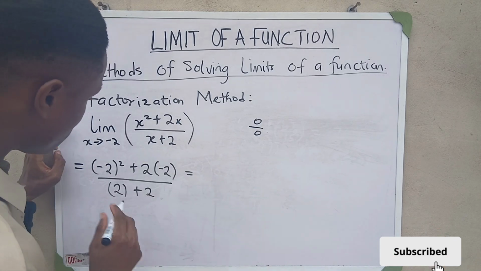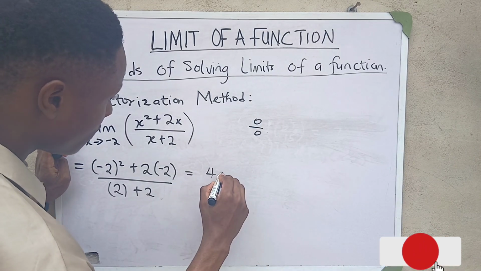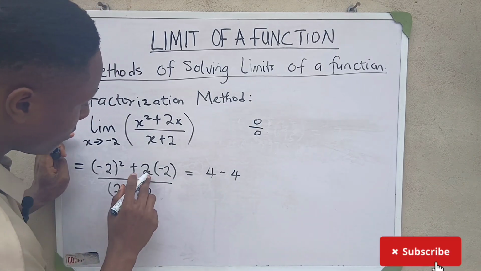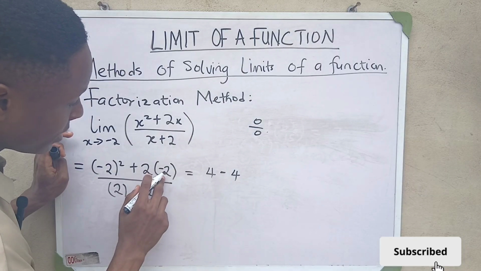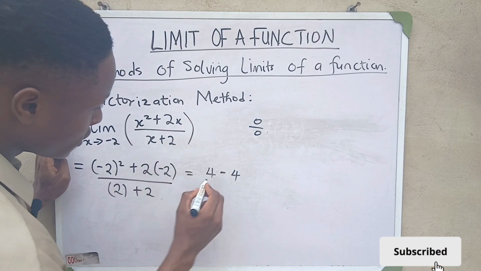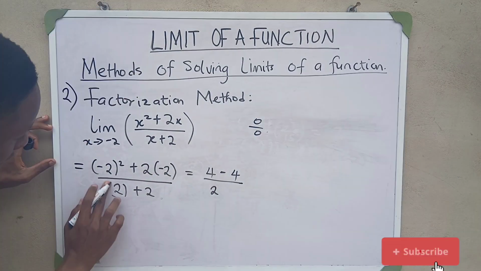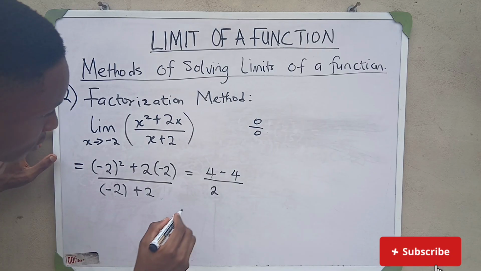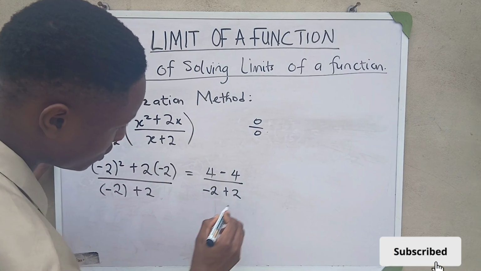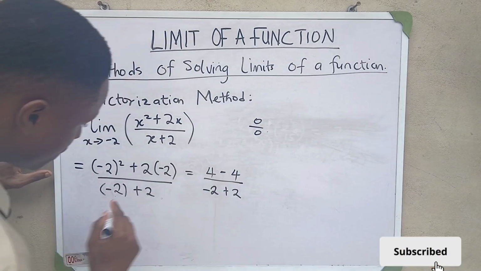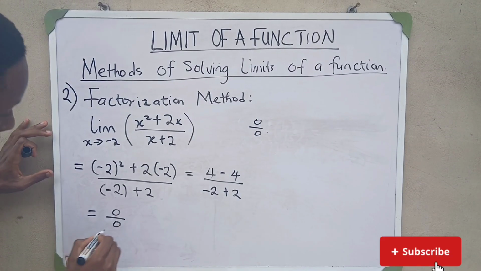So minus 2 all squared is 4. 4 minus 4. Minus 2 times minus 2 is minus 4. So all over 2. Here we have minus 2. So that is minus 2 plus 2. So what this is going to give us is 0 over 0.